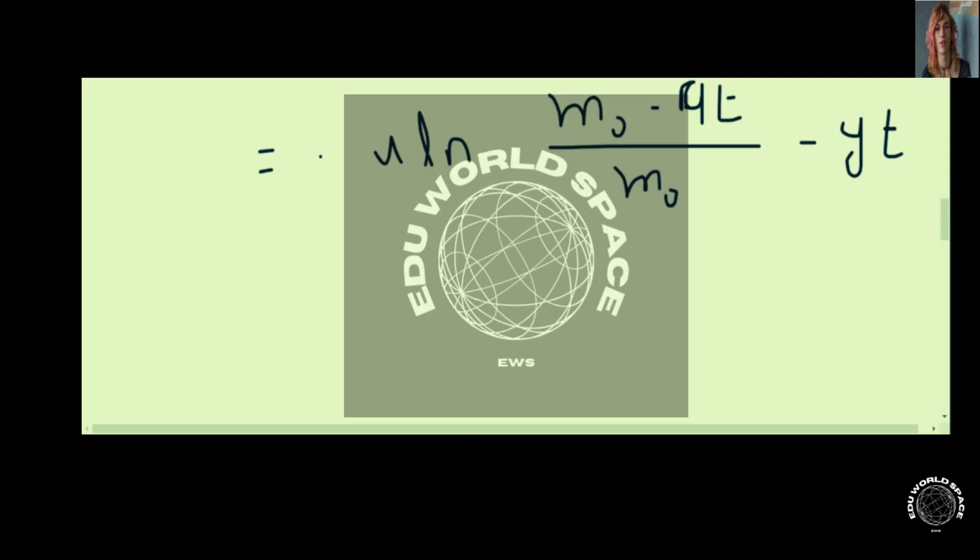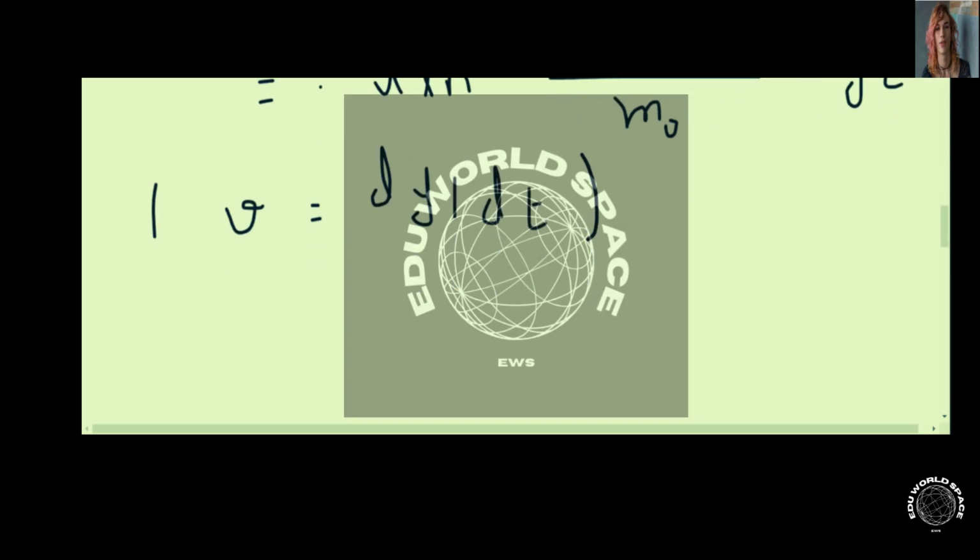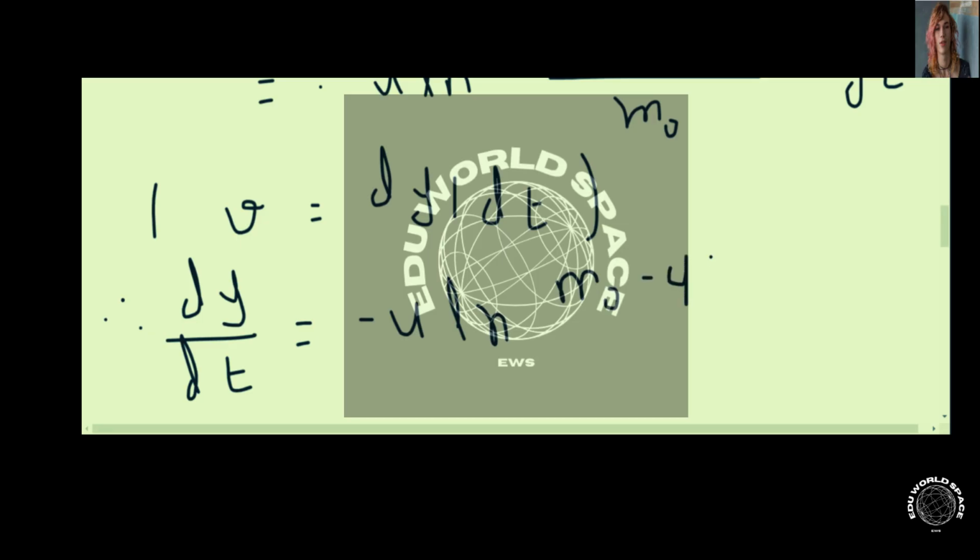Also, we know that v is equal to dy upon dt. So let's compare both the above formulas, and finally we can write dy upon dt is equal to minus u times ln (m0 minus qt upon m0) minus gt.